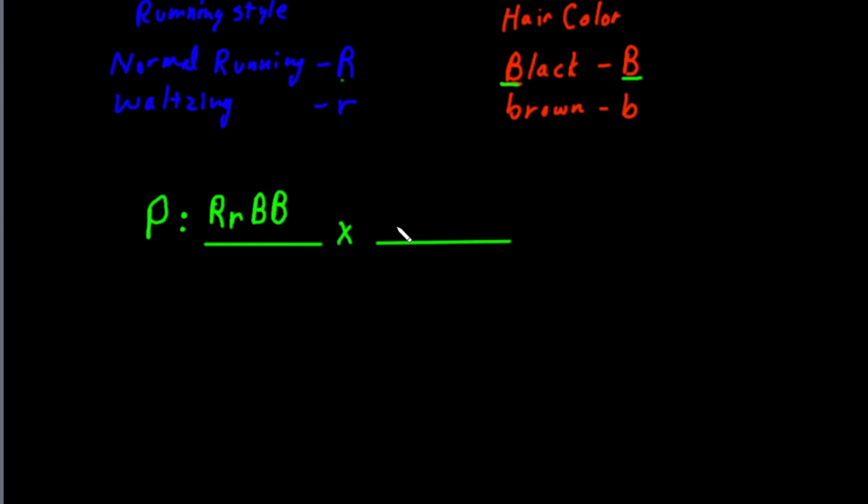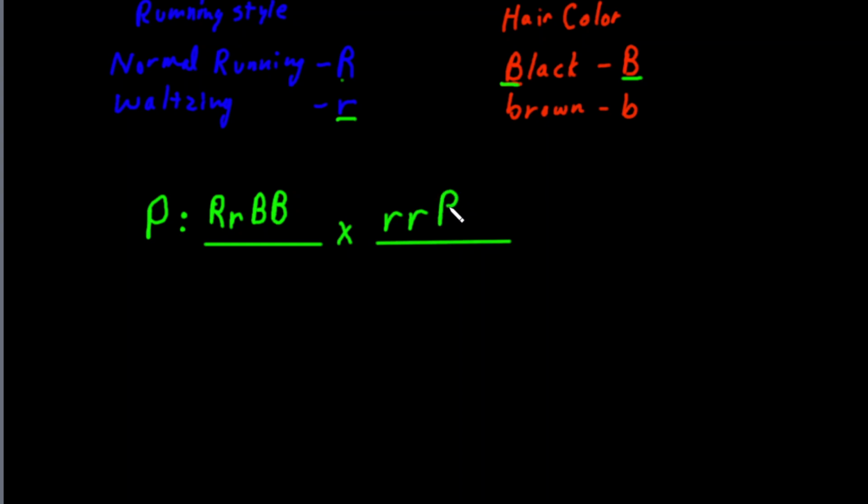All right, let's see what the other one says. With a waltzing homozygous black mouse. Okay, waltzing. Now, since waltzing is a recessive trait, the only way it can have a waltzing phenotype is if it is homozygous recessive. So I'm going to write that that way. And let's see, what color? Homozygous black.